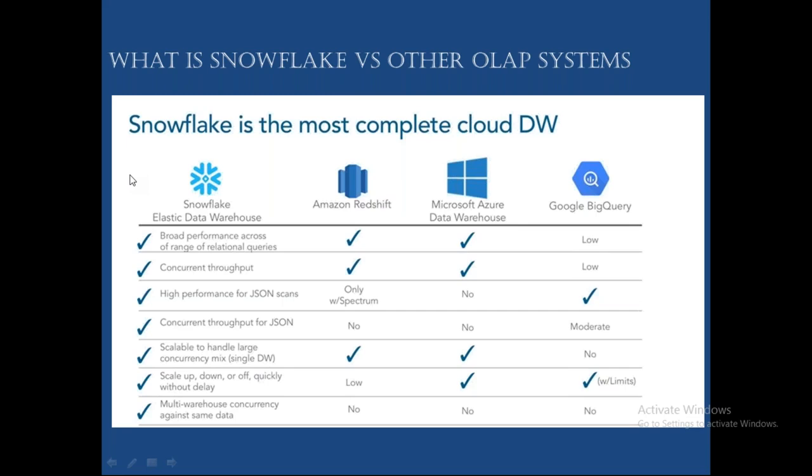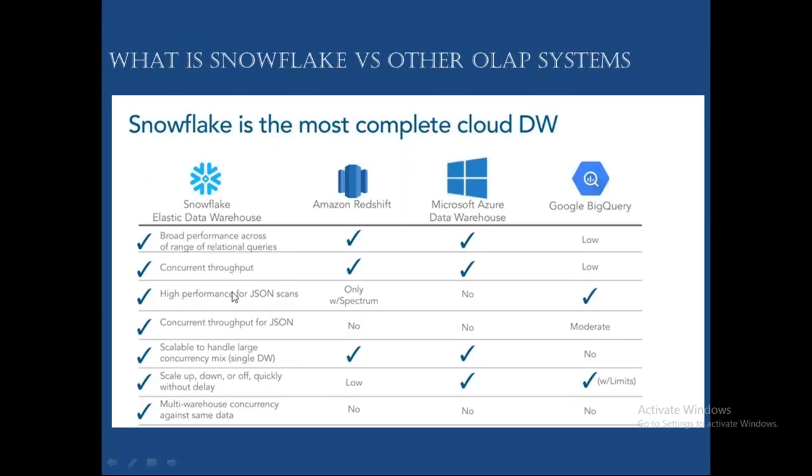Next, concurrent throughput. Throughput means high performance, meaning how much speed you are able to pull data, how quickly you are loading data into Snowflake, how quickly you are reading data from Snowflake. That is the throughput. Let's say it's 50 MB per second, something like that.